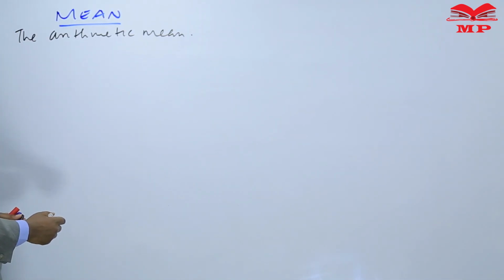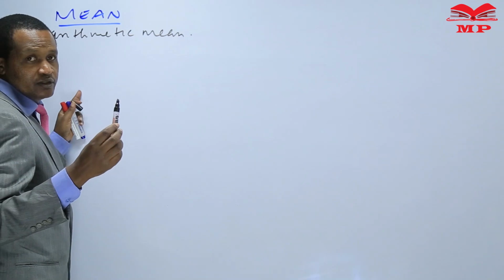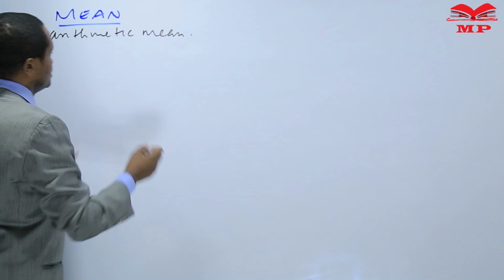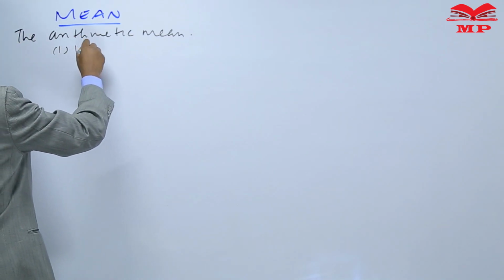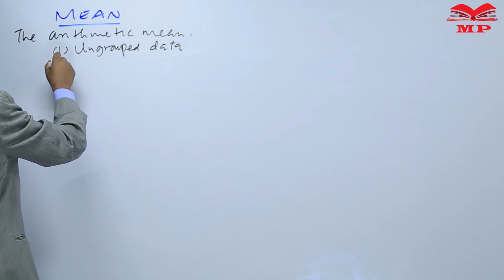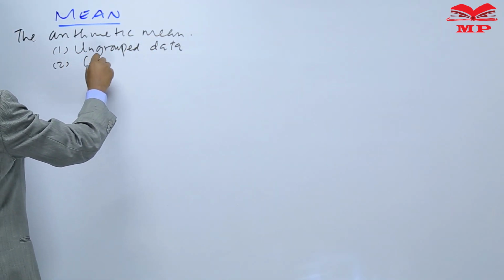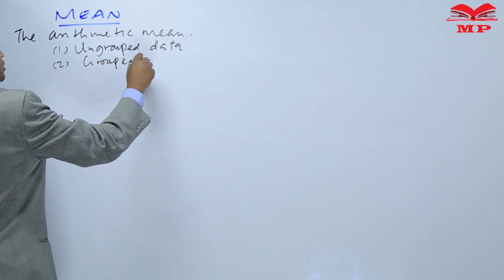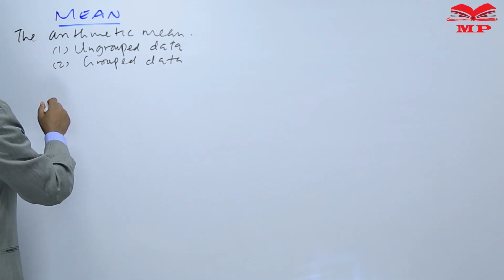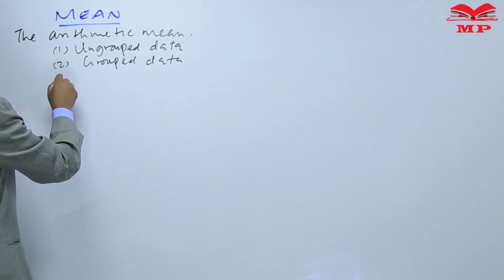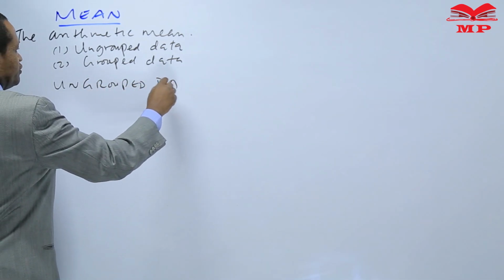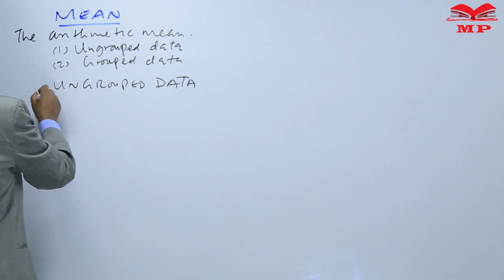To calculate the mean, we may be required to find the mean of 2 types of data: the mean of ungrouped data, and the mean of grouped data. We start with the mean of ungrouped data.